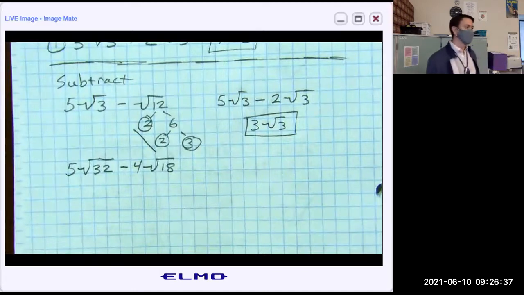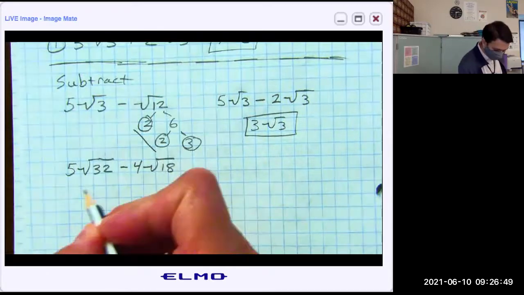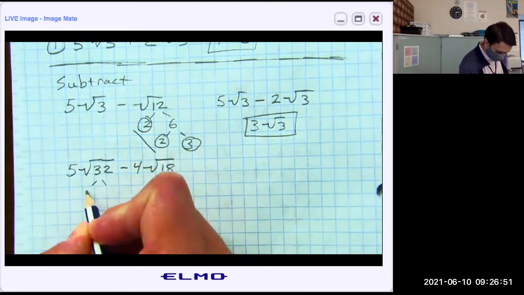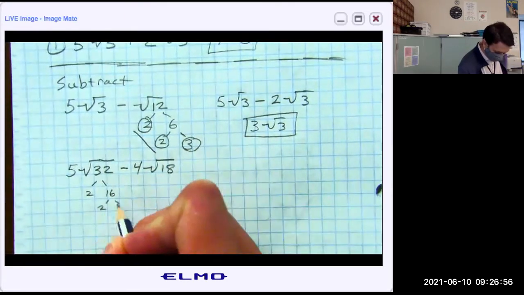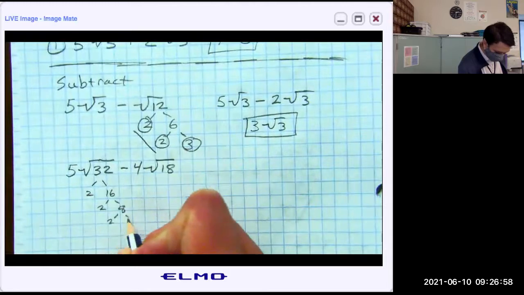The 32 and the 18, they're not prime. So I know that we're going to have to simplify both of these before we can subtract. So let's do the factor work for 32. This would be 2 and 16. 2 and 8, 2 and 4, 2 and 2.